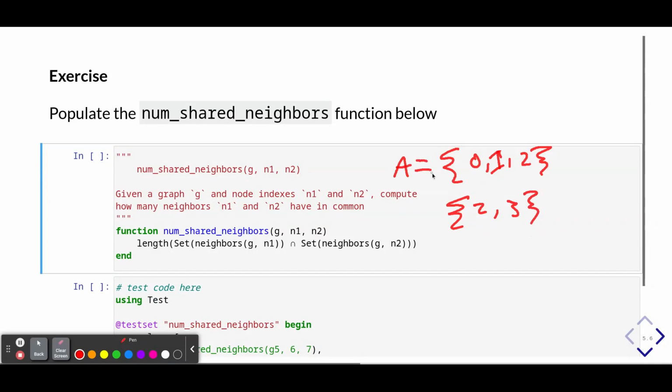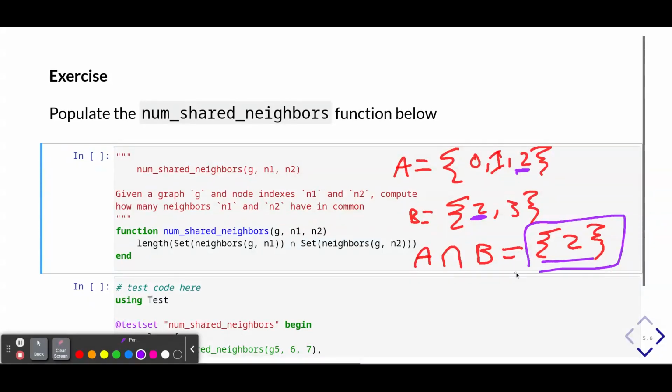I'm going to call this set A and this set B. And if I do A union B, that's what this symbol stands for, this is going to say, what is the set of all elements that appear in both A and B? So in our case, the only element that appears in both of these sets is going to be the number 2. And for that reason, that would be the union of A and B. So that's kind of what this little operator does.